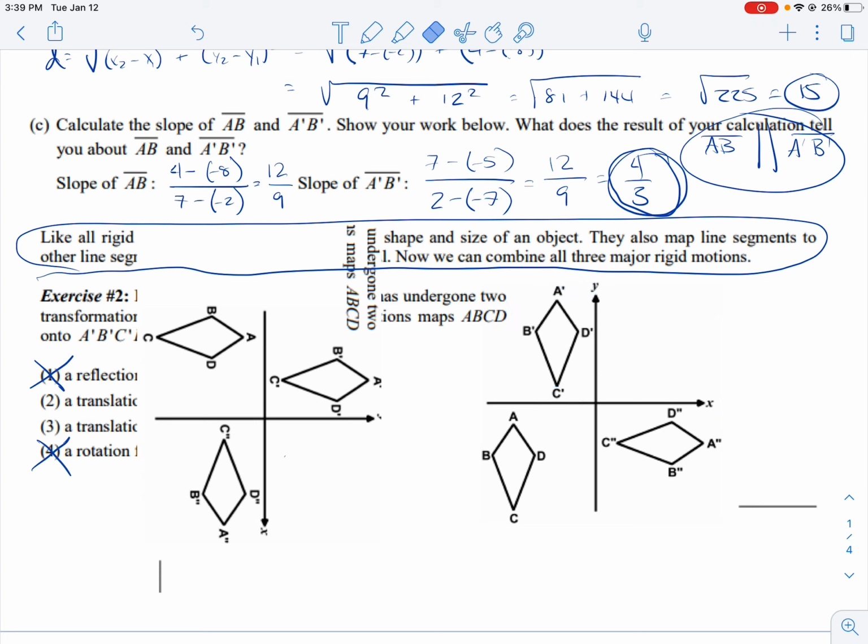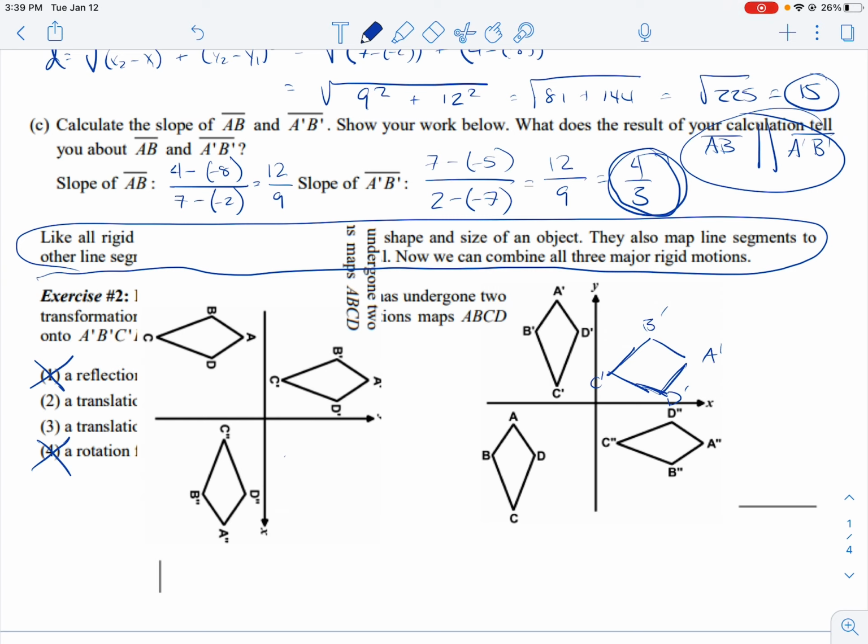So it looks like our kite is like this, right? Never mind the image. Okay, so this is A prime, B prime, C prime, and D prime. Okay?